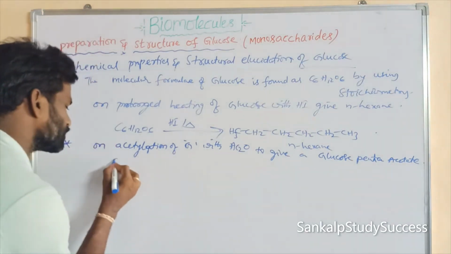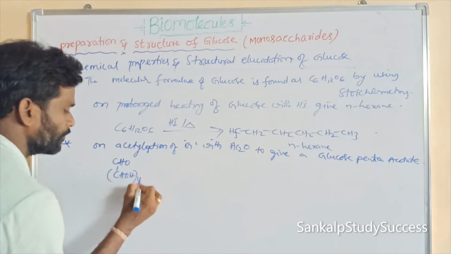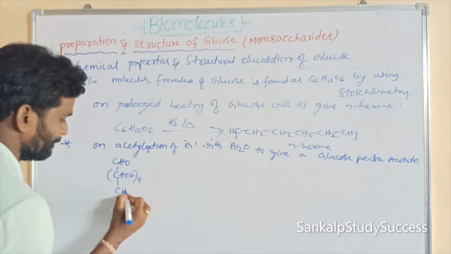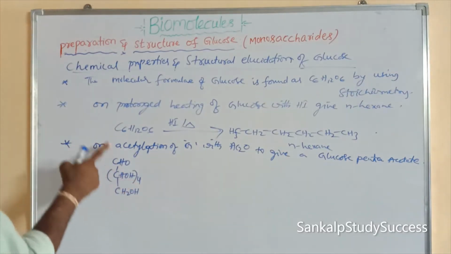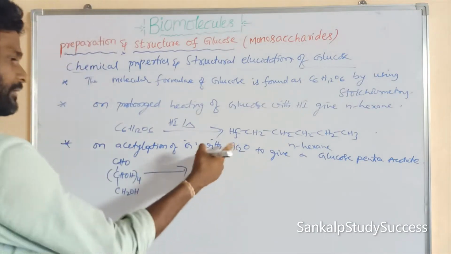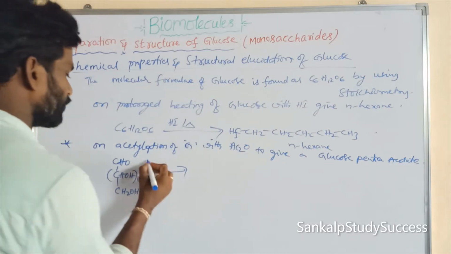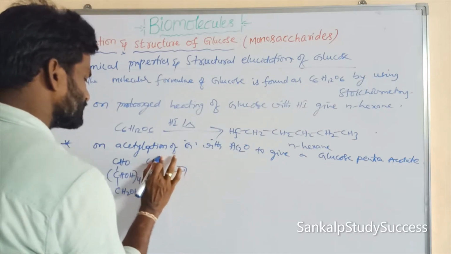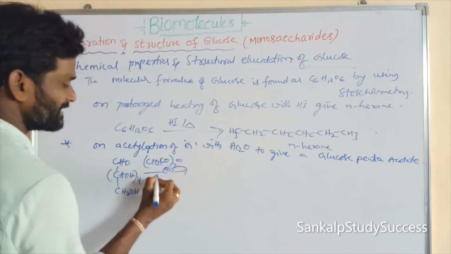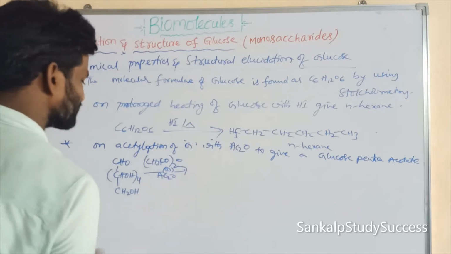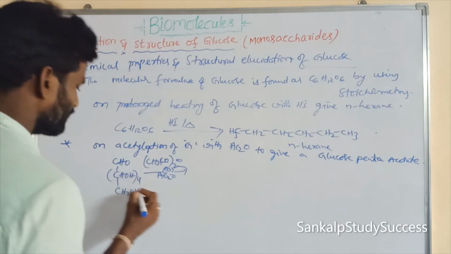So we can take glucose in this way. This contains 6 carbons, 2 carbons and this 4, and on heating with acetic anhydride, Ac2O or (CH3CO)2O, this is said to be the acetyl group, so Ac2O. So both are the same. What happened here?